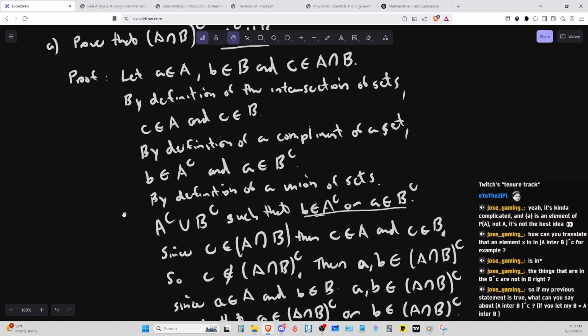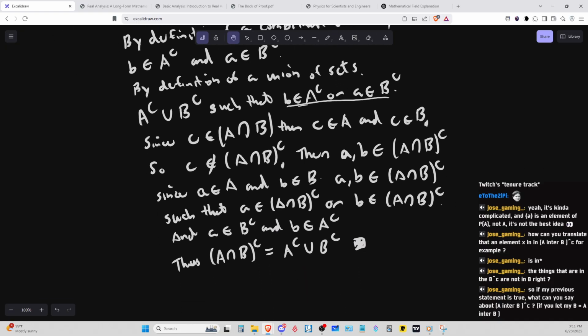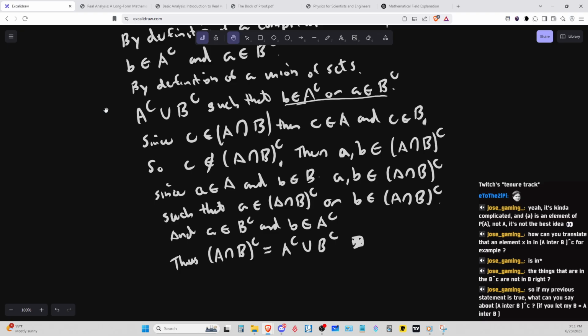What you can say about the intersection if you let my B equal A intersection B, let's take a look.